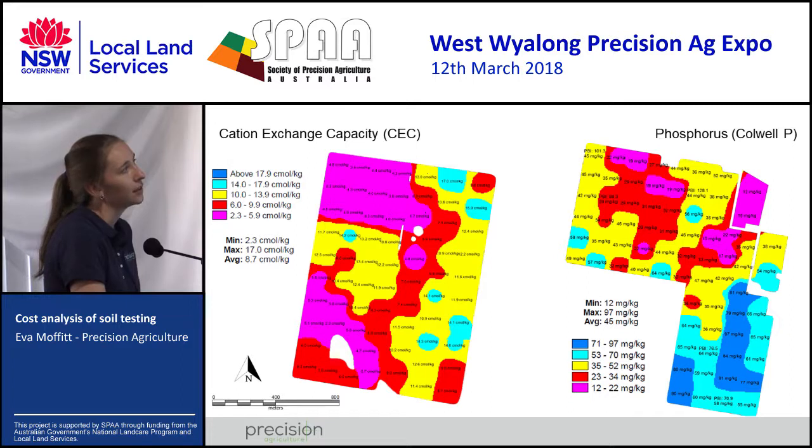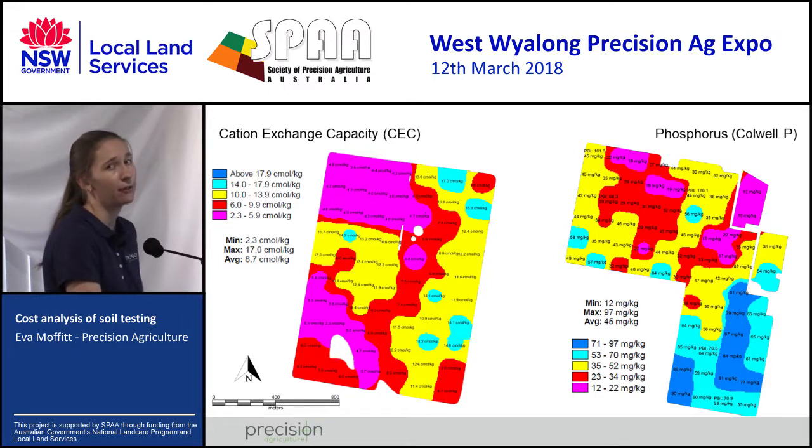The other one is phosphorus. I'd say probably half of the data that I presented for the pH also got phosphorus analysed, and we are seeing quite variable phosphorus levels throughout our paddocks as well. So that may be something that you can manage.